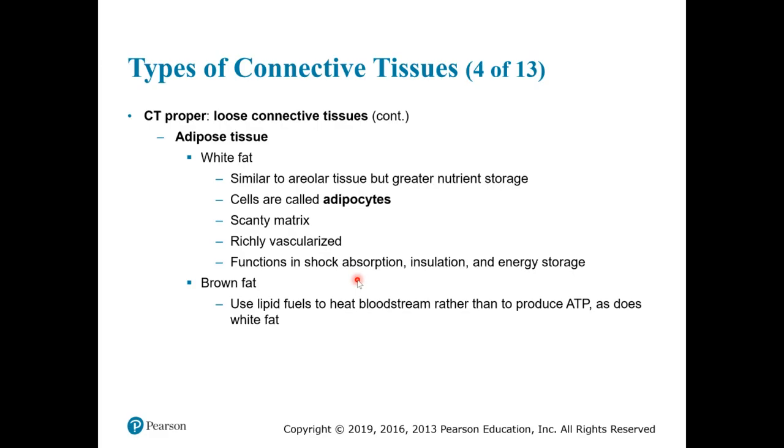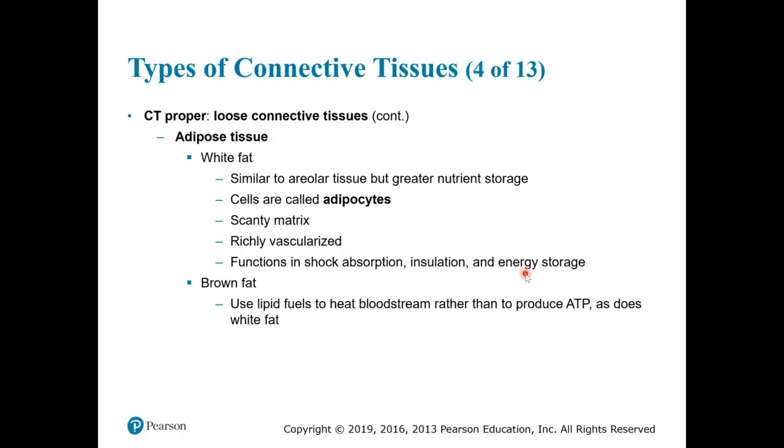So we'll find some of the fragile organs of the body are covered, protected by adipose tissue, fat: the kidneys, the eyeball in the eye socket, in the hypodermis underneath the skin, a layer for cushioning and for insulation. And no matter where you find adipose tissue, if it's doing something else, it always still acts as energy storage.